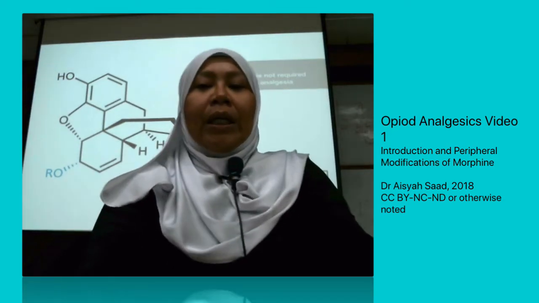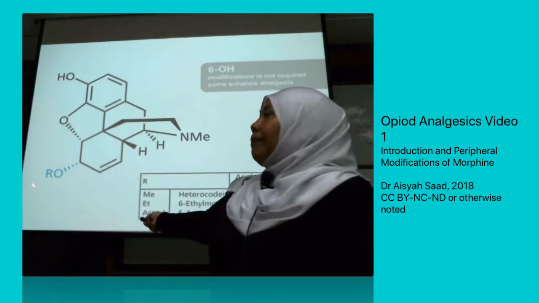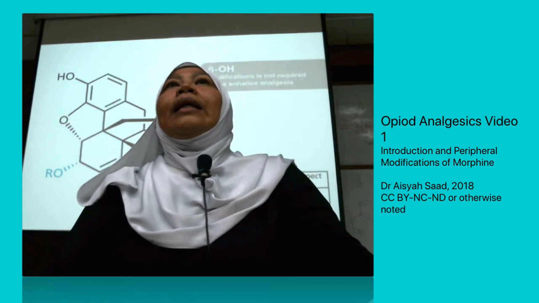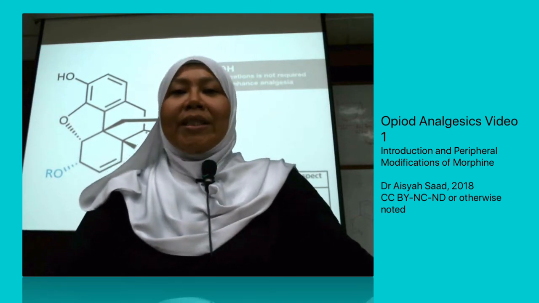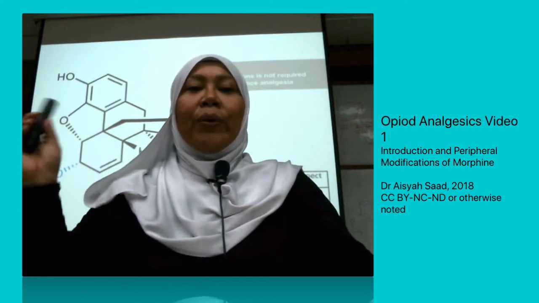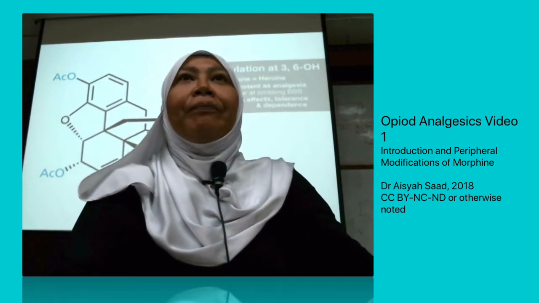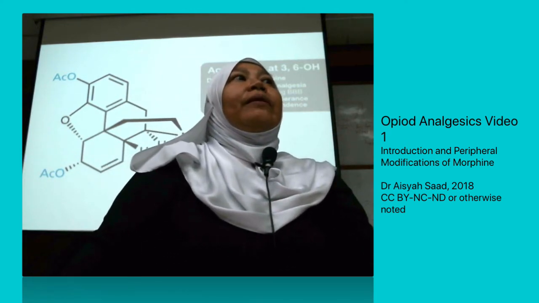Now, the second modification is on the other side. On this side, you can still change like the earlier one, and it will improve the analgesic properties. So this one is still tolerated. There's no problem with this. Now, this is where things get heated up a bit more.